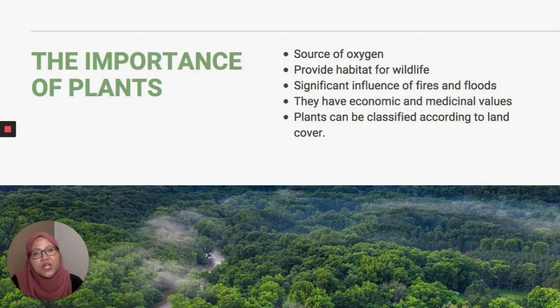And we do know that certain plants have economic and medicinal values, and we use them for consumption. For example, we use hardwood to make construction and furniture, and at the same time, there are certain plants and herbs that are used for medicinal purposes. So plants can be classified according to the land cover of the area.